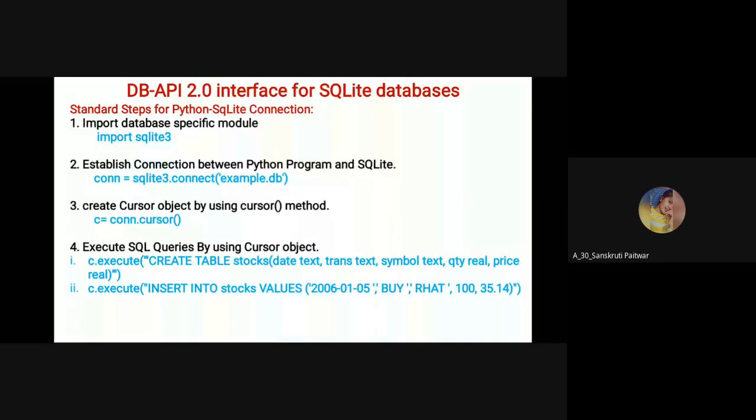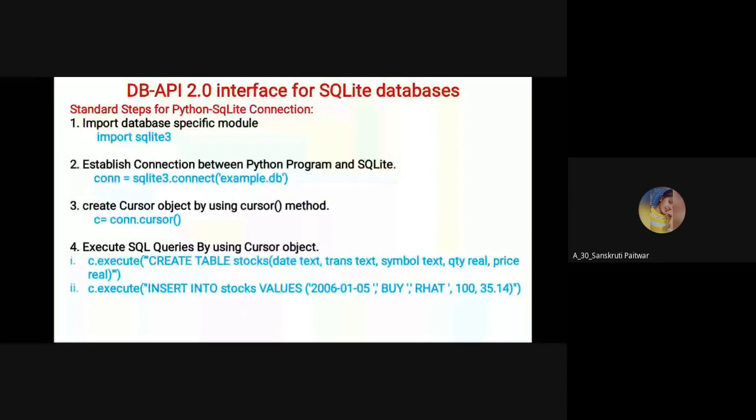We have the sqlite3 module for connecting with an SQLite database, and this is the inbuilt module present in Python. So if you are installing Python, with Python we have this sqlite3 module. So import sqlite3 will be the first statement when you are connecting Python with an SQLite database.